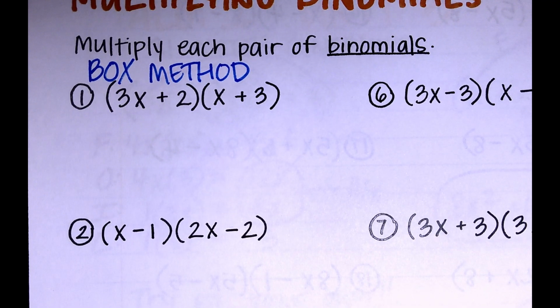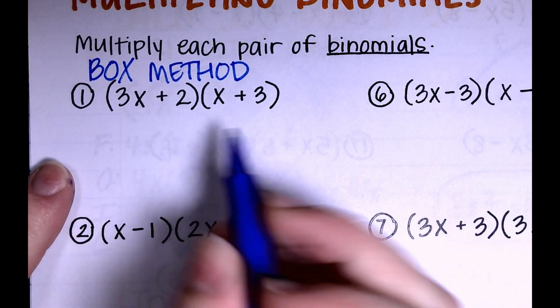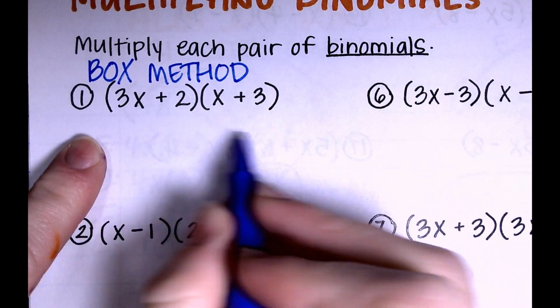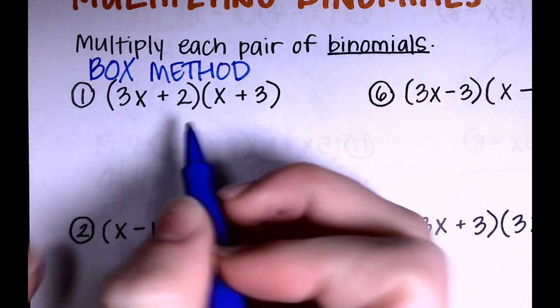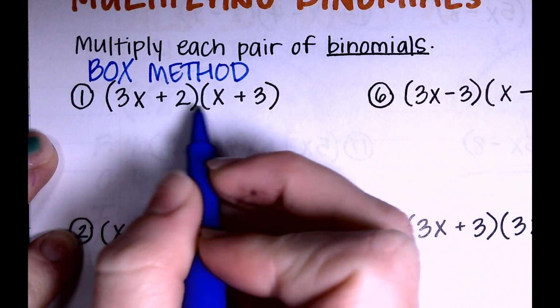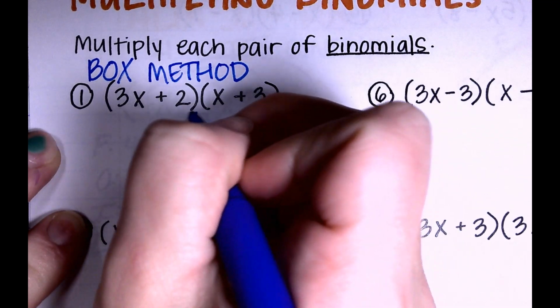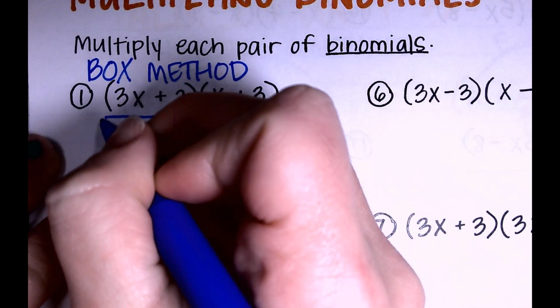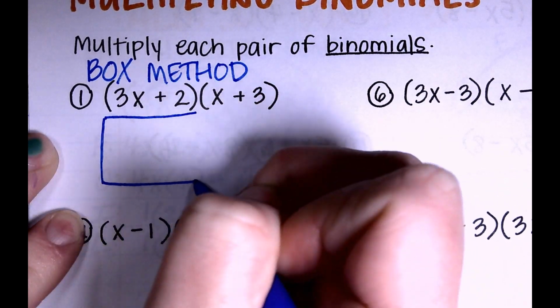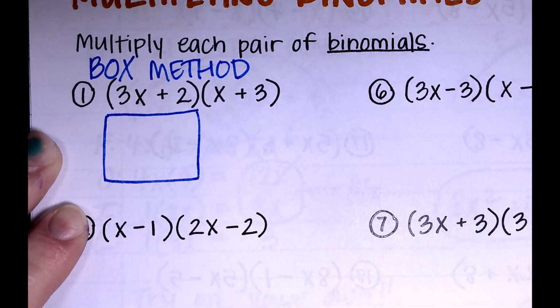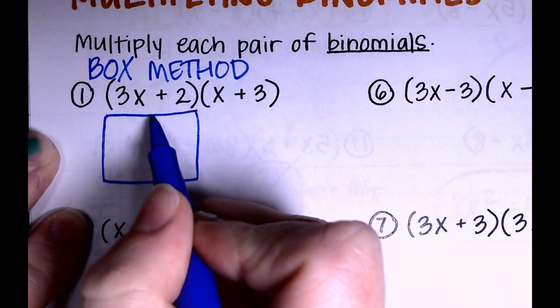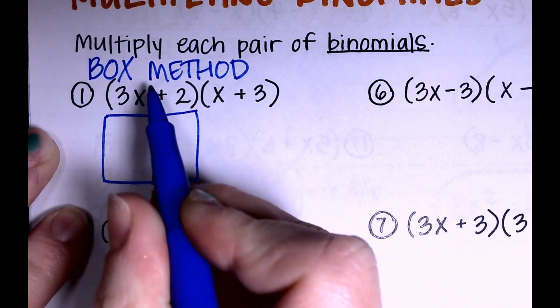So to do the box method, what we need to do first is give ourselves enough room. Underneath the first binomial, right here, we have 3x plus 2. I am going to draw a box like this. And I'm going to draw a line straight down the middle.